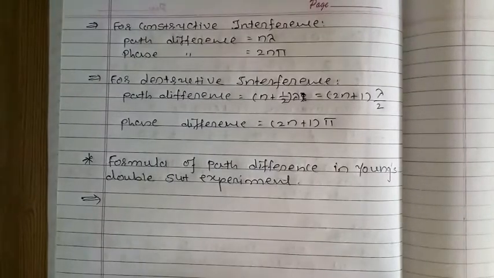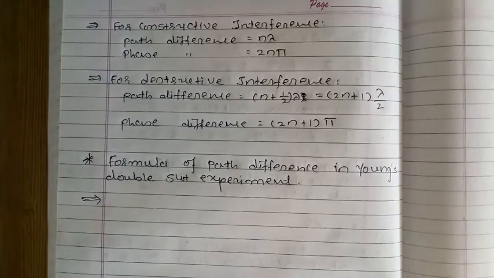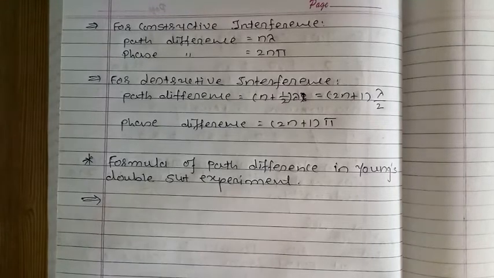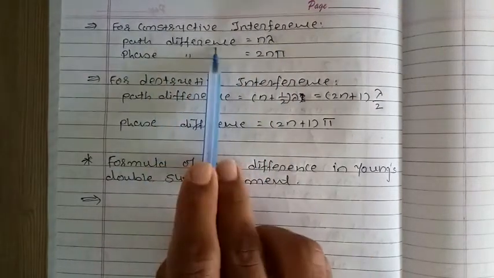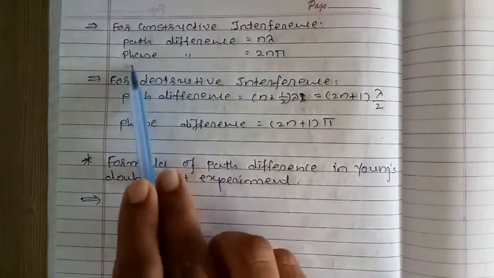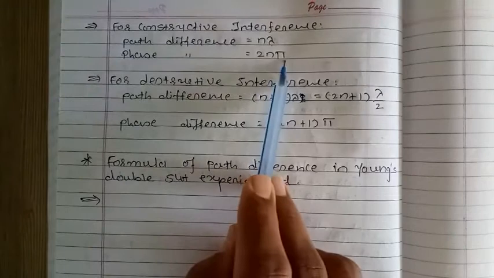Hello friends. Yesterday in the online session we discussed the conditions for constructive and destructive interference, right? And we know that for constructive interference the path difference is n lambda and the phase difference is 2n pi.